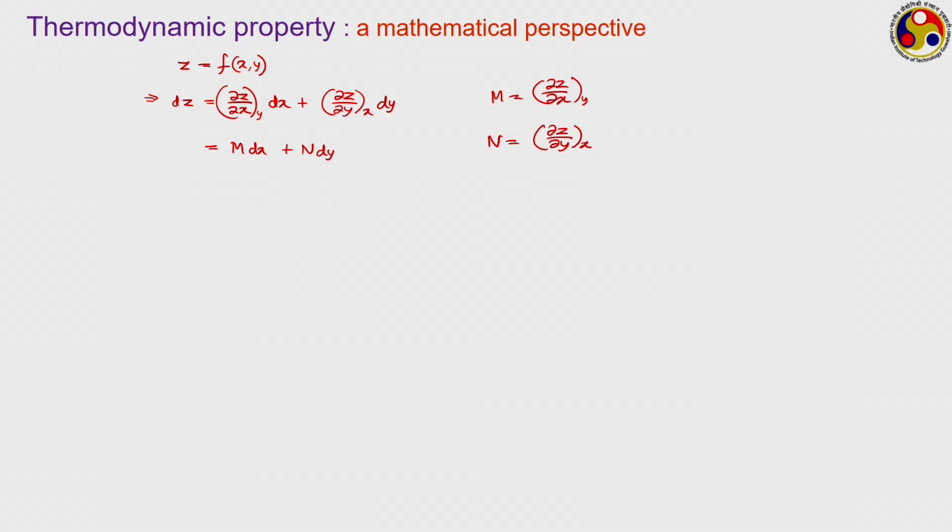Now, if z is a property, then what should be the mathematical relation between M and N?